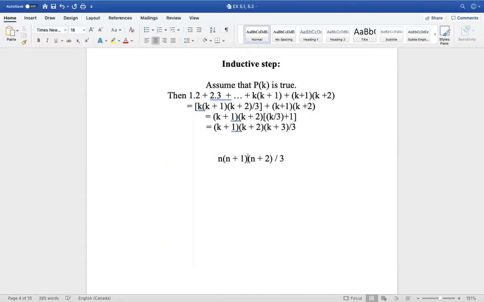If you observe carefully the statement, if you replace n with k plus 1, right? If you put n equals k plus 1 in this one here, you will get this one here.